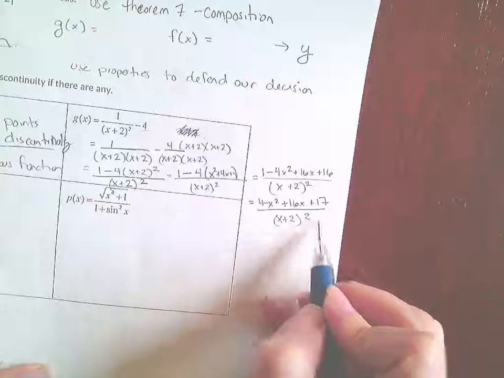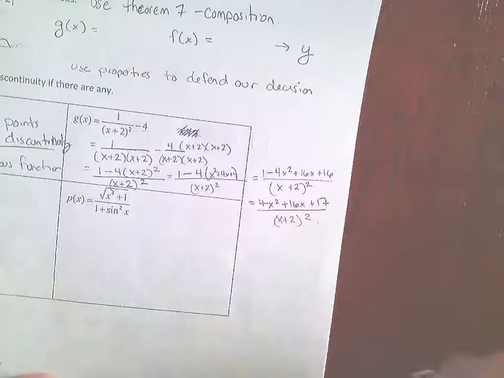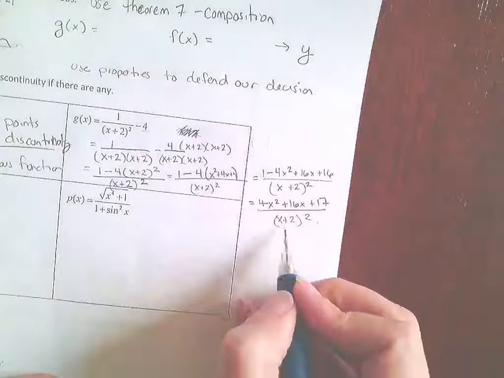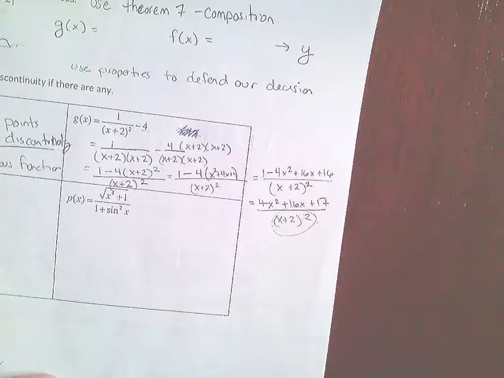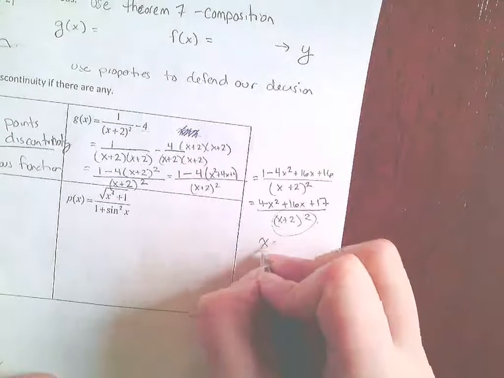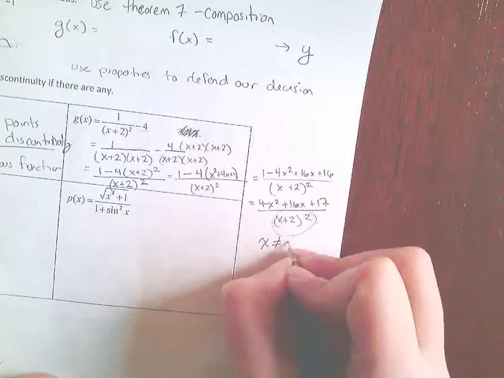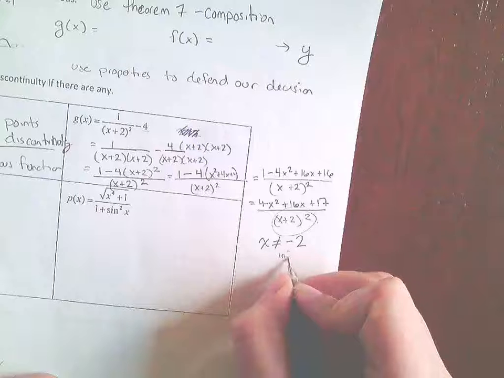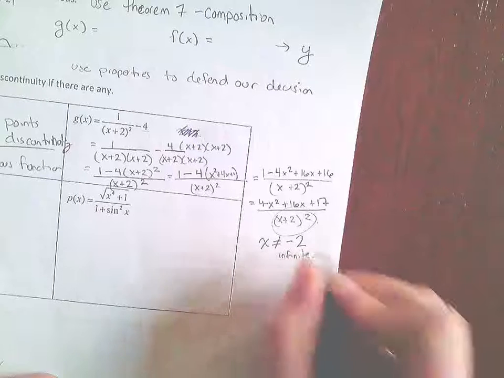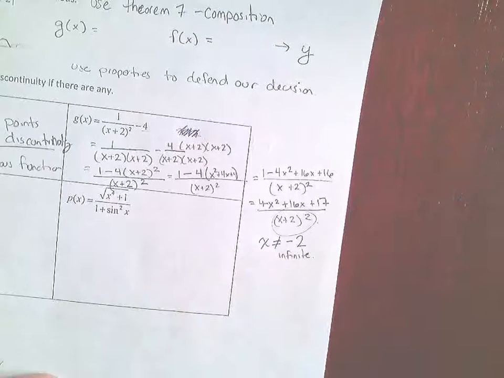So here, what are our points of discontinuity? It's the points that make the denominator 0. So what are they? x cannot be -2. And what type of discontinuity is this? It's infinite because this is a vertical asymptote.